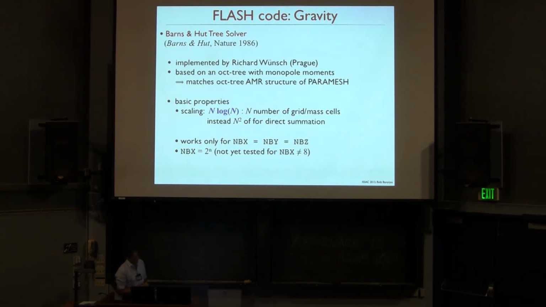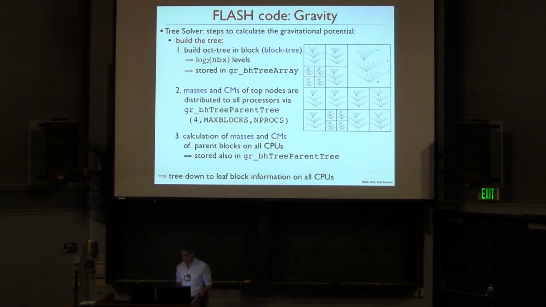So this is the standard number, and of course you can try with some other number of grid points, 16, for instance. In principle it should work, but not guaranteed.